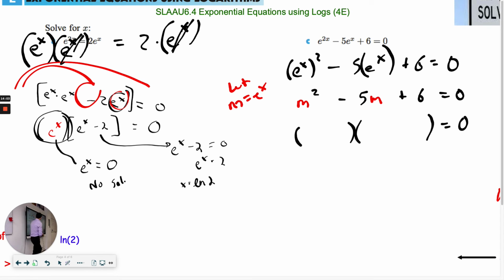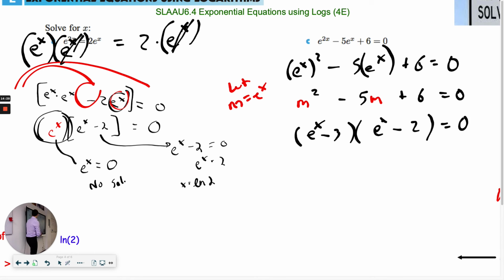And then we can factor it into m and what, 2 and 3. That's 2 and 3 and negatives. I'm happy about the negatives because this wasn't m, this was e to the x. And e to the x.